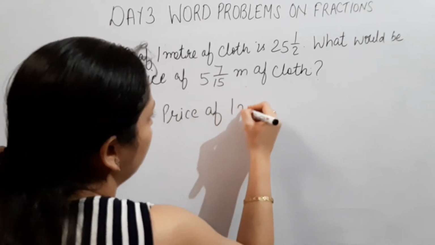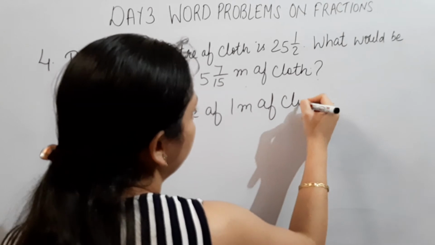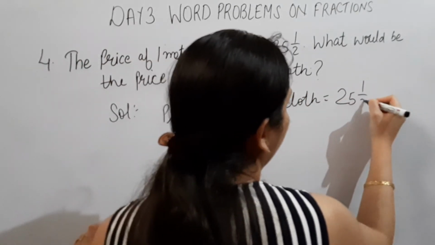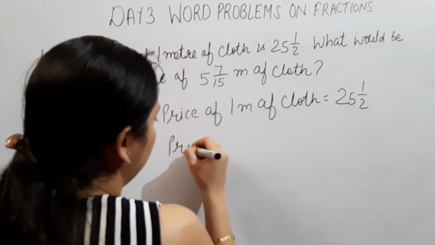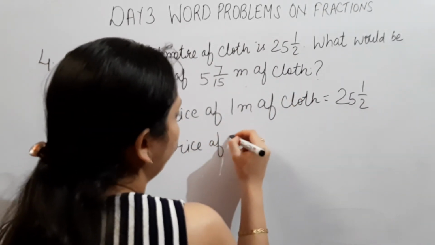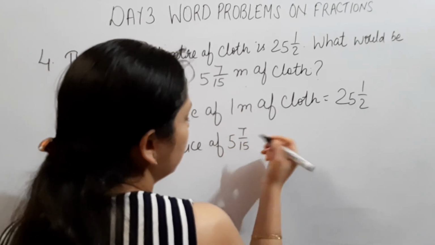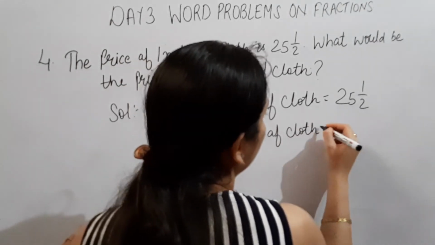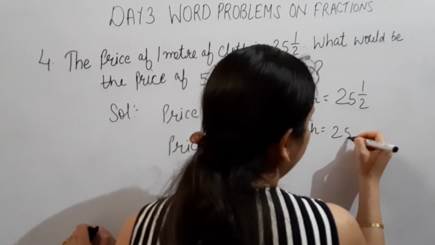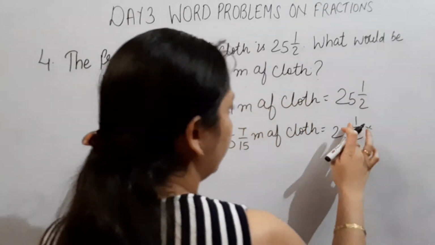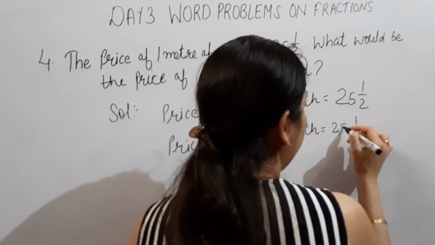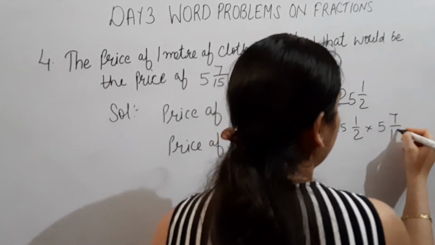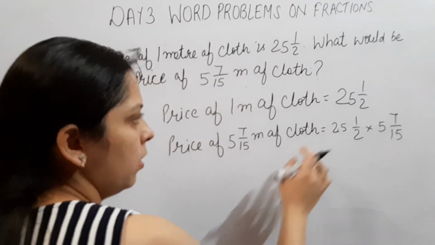Price of 1 meter of cloth is 25 whole 1 by 2, and price of 5 whole 7 by 15 meters of cloth is 25 whole 1 by 2 times 5 whole 7 by 15.